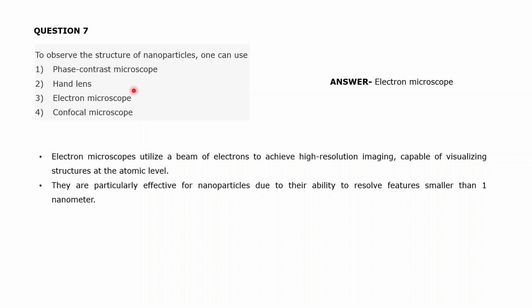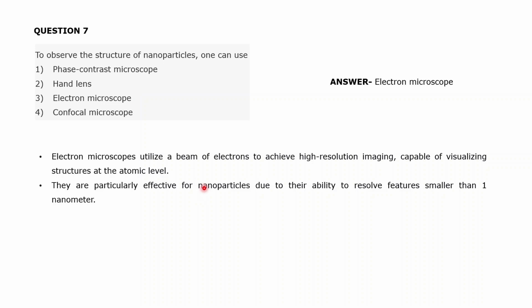In this case, from the name itself, an electron microscope uses a beam of electrons passed through a specimen to achieve a high resolution image based on the scattering of electrons, producing an image at an atomic scale itself.